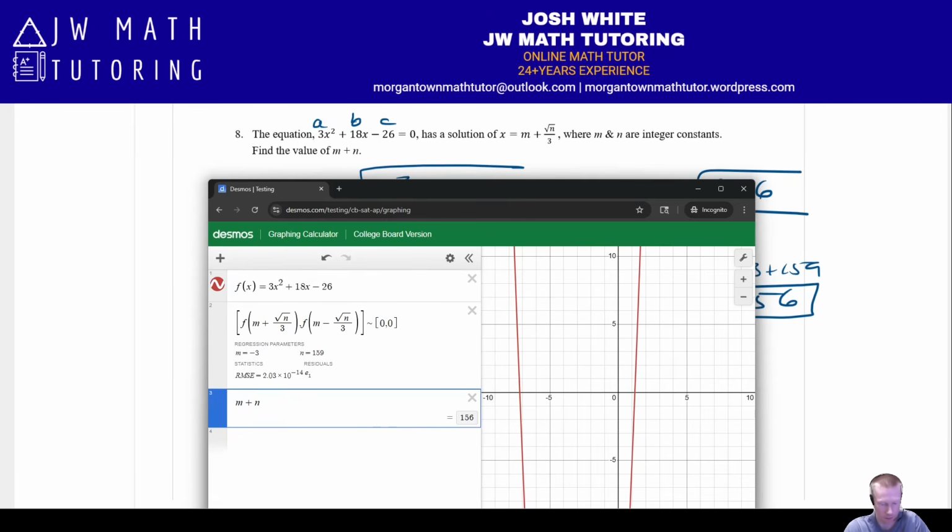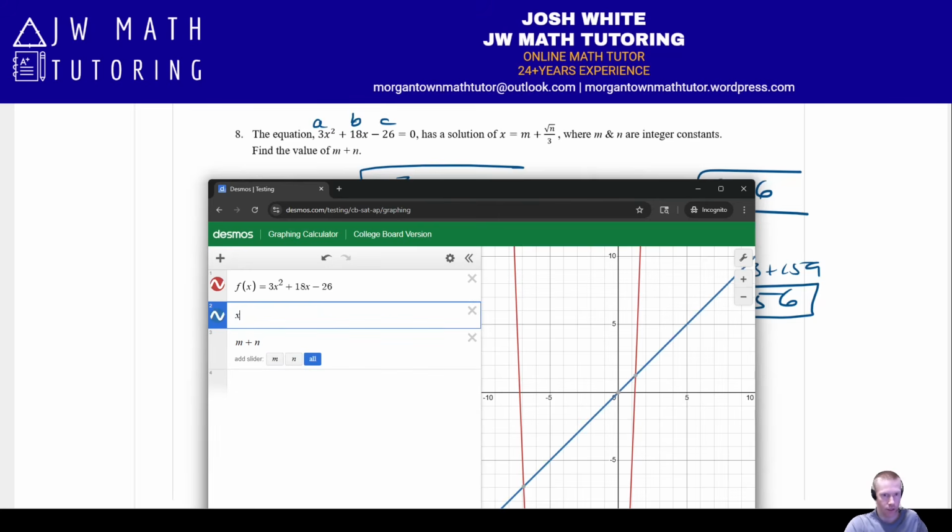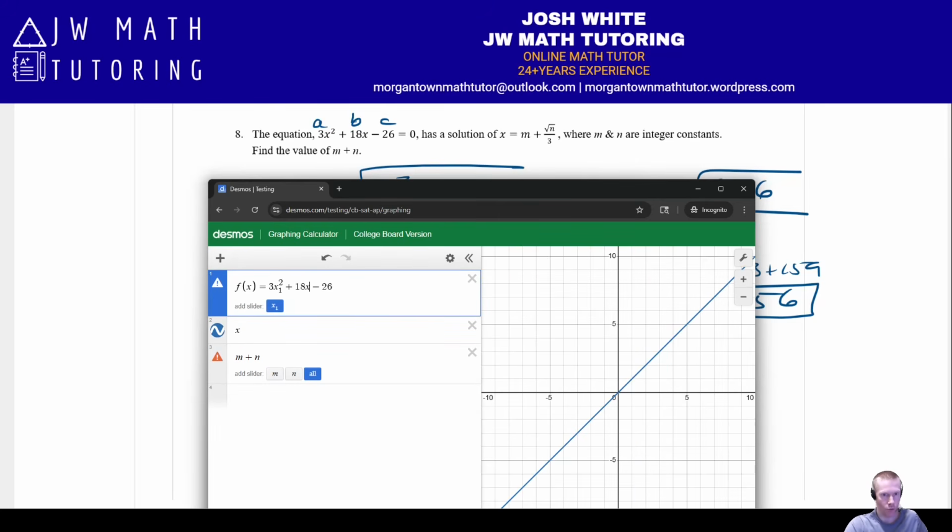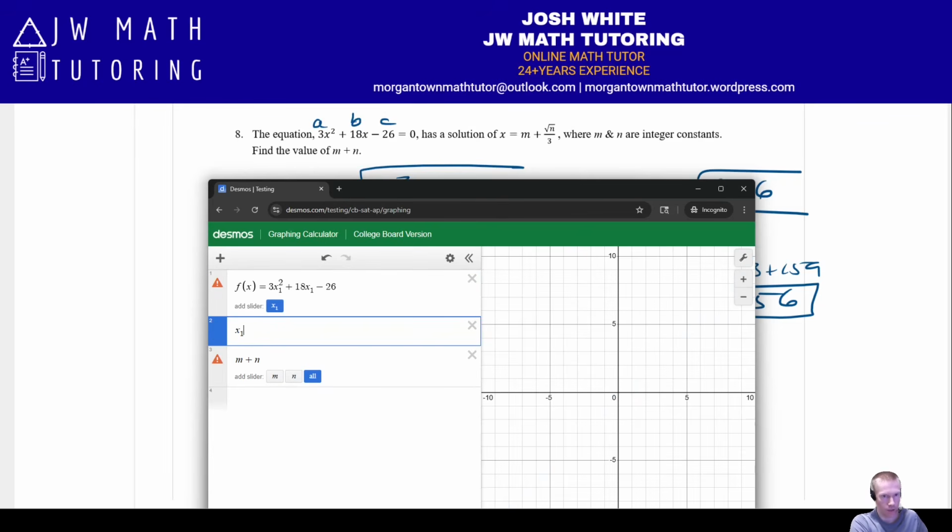You know, it takes maybe 30 seconds, possibly 45 seconds, especially if you don't make a dumb typo like I did. Alternate way you could do it, which is quicker, you could also do this. You could put an x1 here, and then you could type x1 equals, and you make a list, and you put both of the solutions in the list.